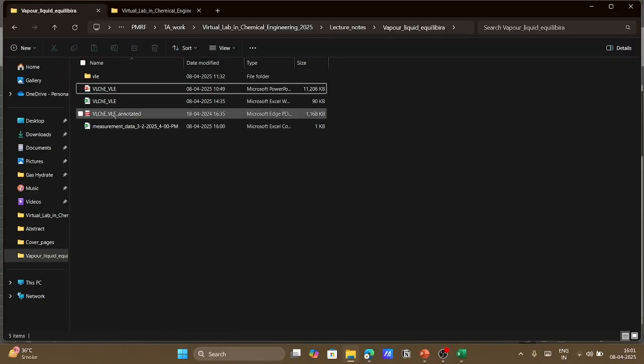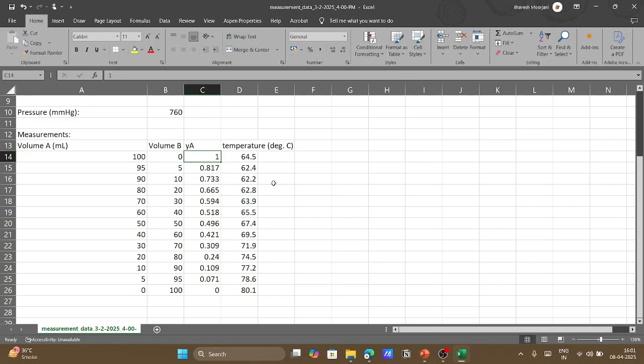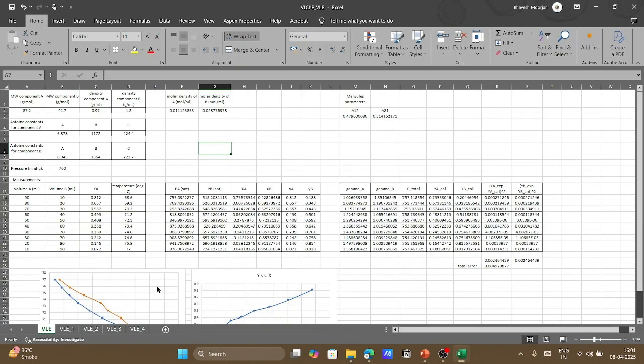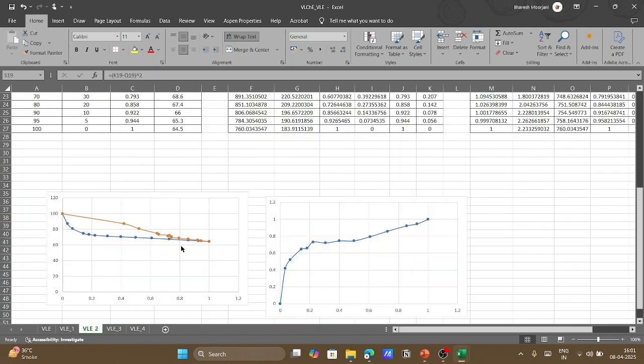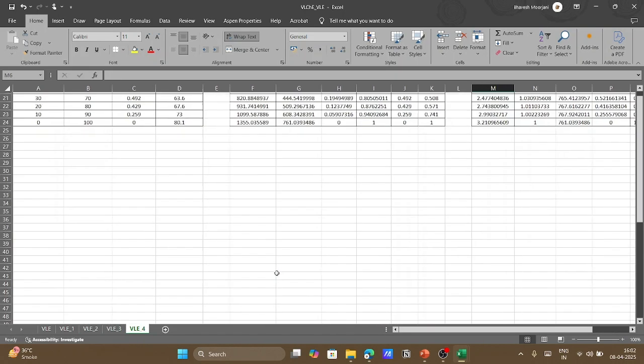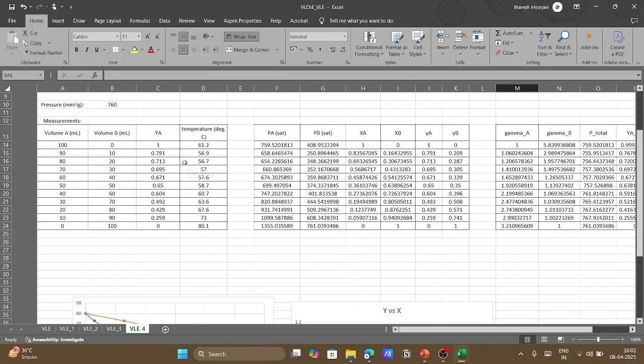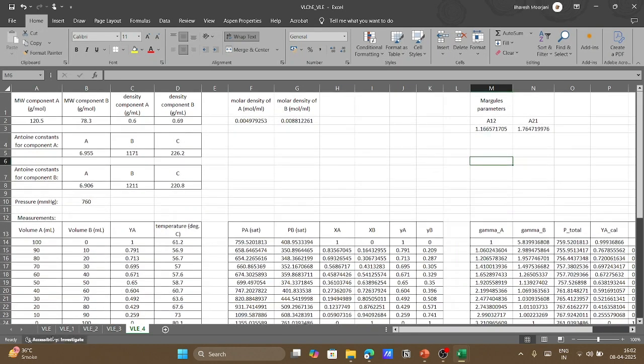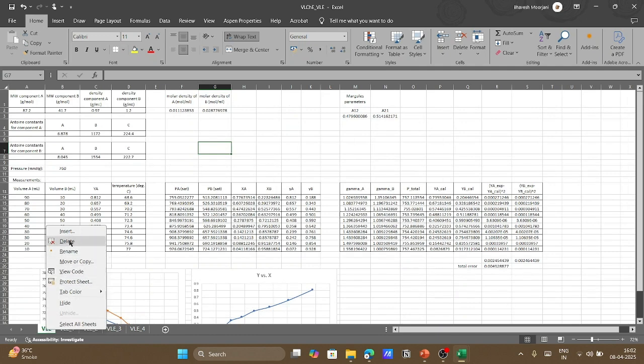So let's go to the calculation part. This Excel sheet will be provided to you for the calculation. There are various references for you. As I said, once you reset the laboratory, the next set of results will be generated based on new Margules parameters for newer component data of A and B. So you will get different values every time, and there are various reference calculations provided to you.